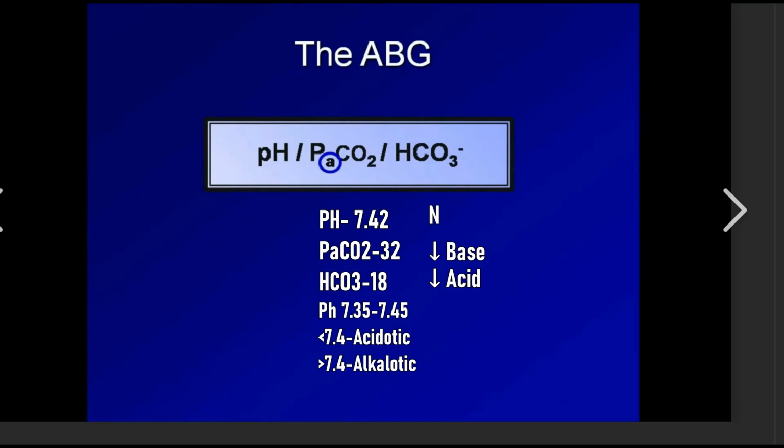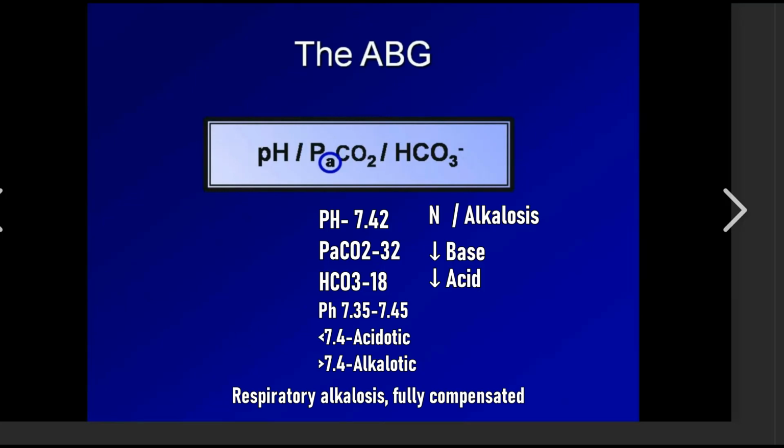So it's 7.42, so the pH is towards the alkalotic side. PaCO2 is 32, it's low, so it's alkalosis. And bicarb is low, so it's acid. So you got the answer, alkalosis. So it's respiratory alkalosis with full compensation. That means pH is normal.